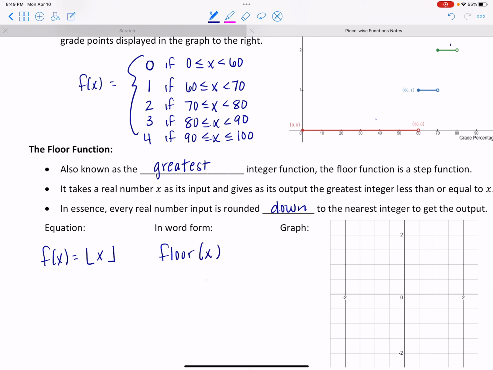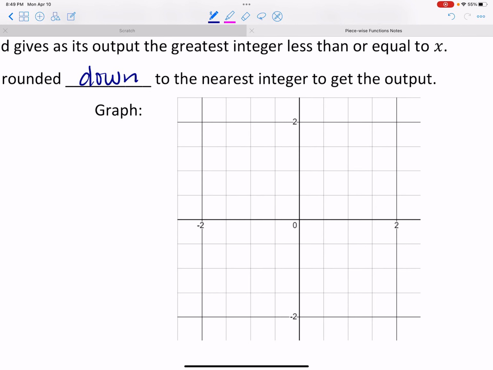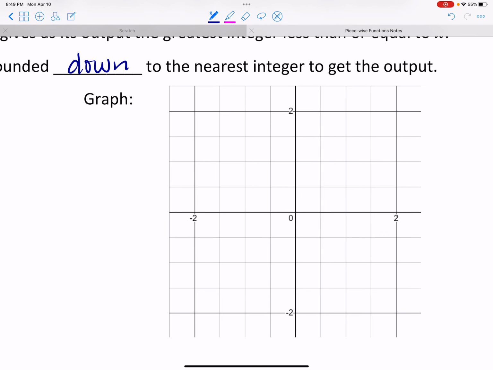And how does the graph look? Okay, well, let's, again, think about some outputs here. These are my inputs, okay? So I'm going to deal with these inputs and then graph the outputs. Instead of writing the table of values, we should be able to do this. So at negative 2, if that's my input, my output is the nearest integer less than or equal to, so my floor would be negative 2.